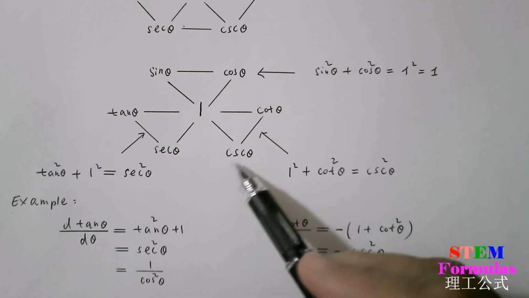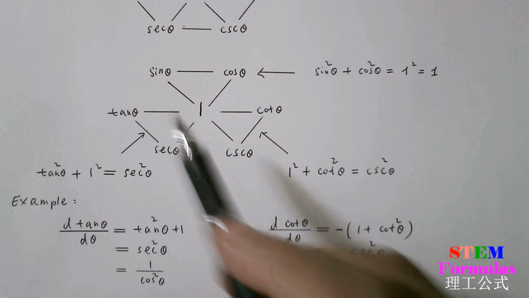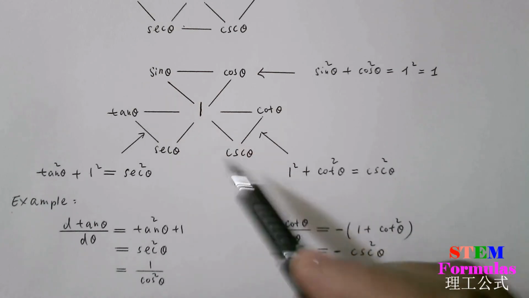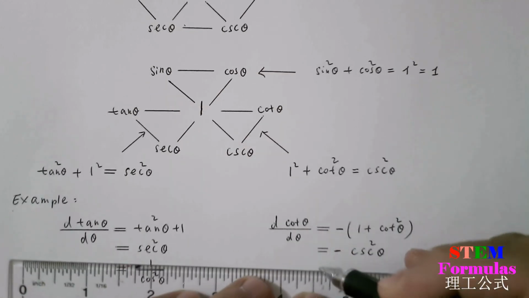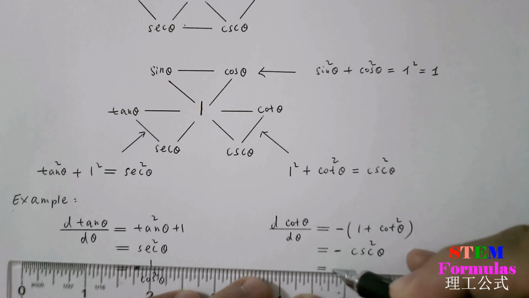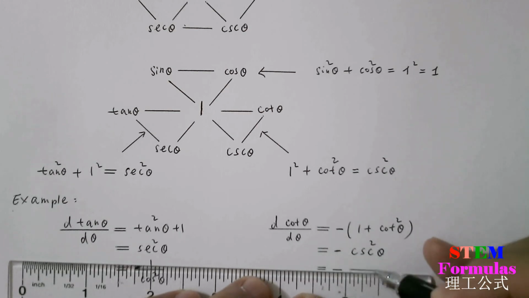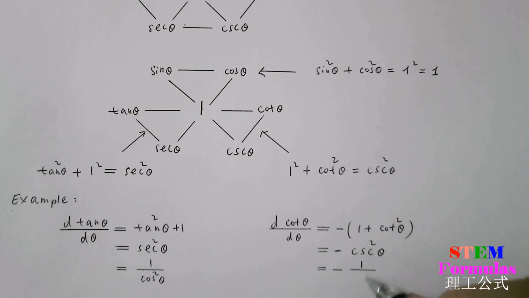And then this cosecant and sine, they are mutual inverse, so I have here minus 1 over sine theta squared.